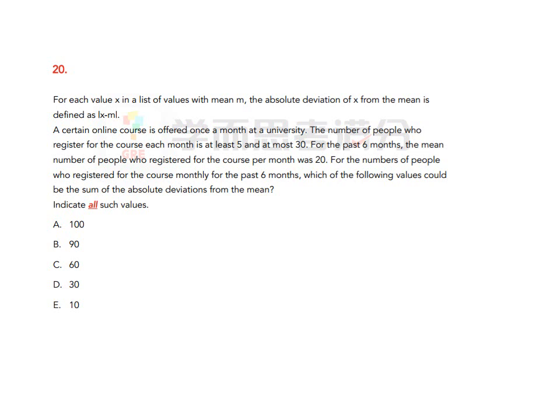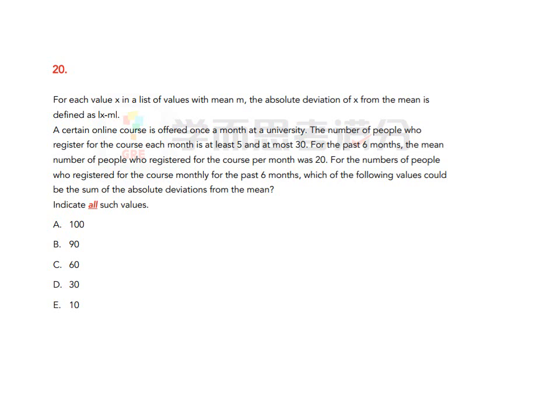For the past 6 months, the mean number of people who registered for the course per month was 20. So average is 20, least is 5, and most is 30. For the numbers of people who registered for the course monthly for the past 6 months, which of the following values could be the sum of the absolute deviations from the mean?